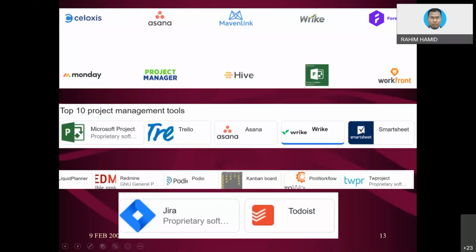And most of this software is developed in the US, for instance. Primavera and Microsoft Project were developed there. And you have to imagine, the US has a population of around 330 million. It's 10 times Malaysia. If they develop one software and sell within the country, they basically make money.